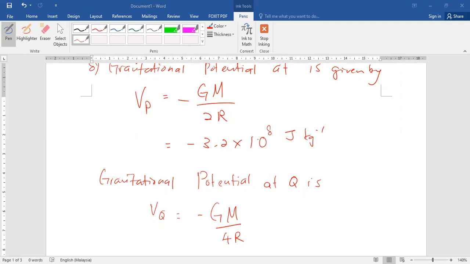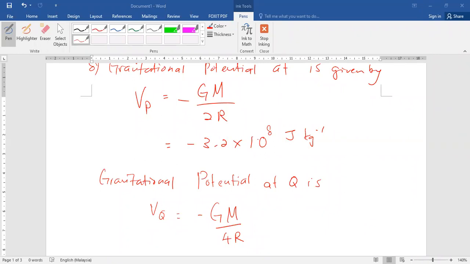Above the surface of the Earth at distances of x and 2x respectively from the center of the Earth. Okay, that means we go back to the question.